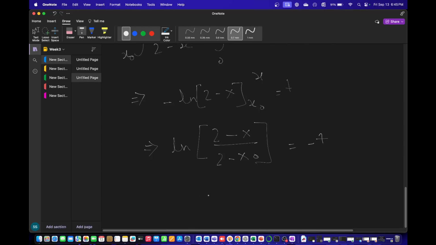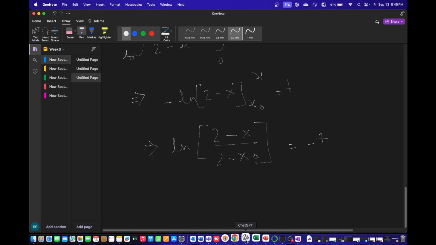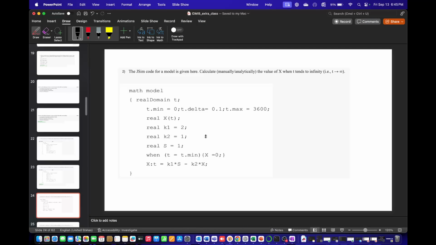Now your x naught is given here. At time t equal to 3600, and your x naught is given as 0.